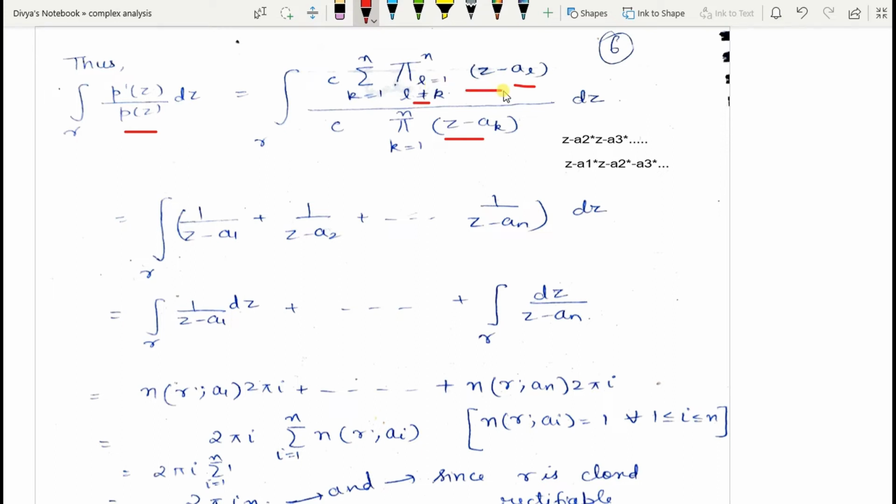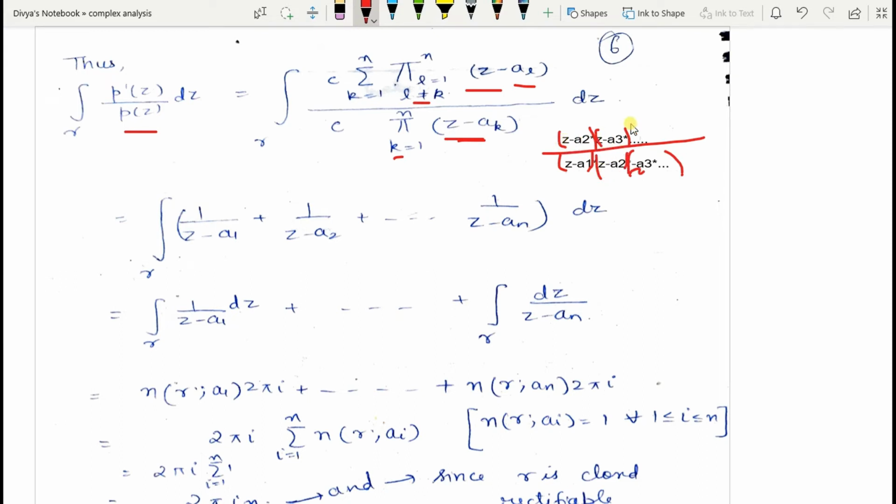If we are evaluating this, first considering the numerator for k equals 1, then l is not equal to 1, that means l should start from 2, so z minus a2 into z minus a3, these factors will come. And in the denominator, z minus a1 into z minus a2 into z minus a3, all factors.